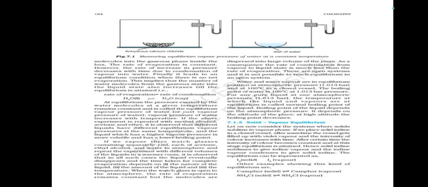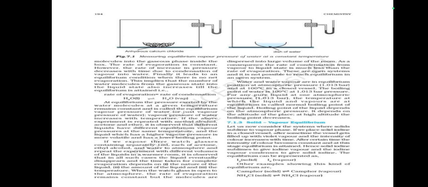Water and water vapor are in equilibrium at atmospheric pressure 1.013 bar and at 100 degrees Celsius. In a closed vessel, the boiling point of water is 100 degrees Celsius at 1.013 bar pressure.